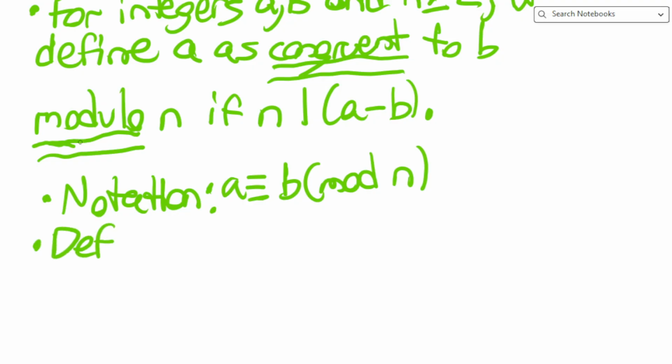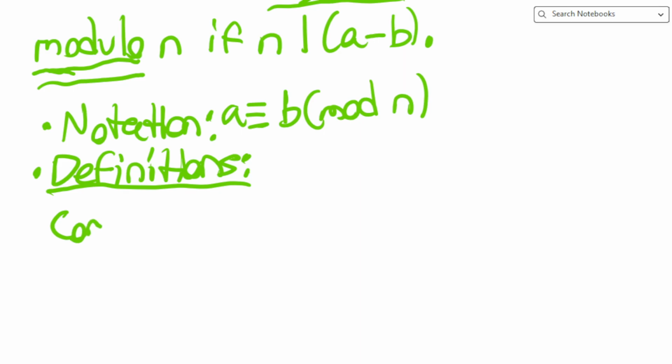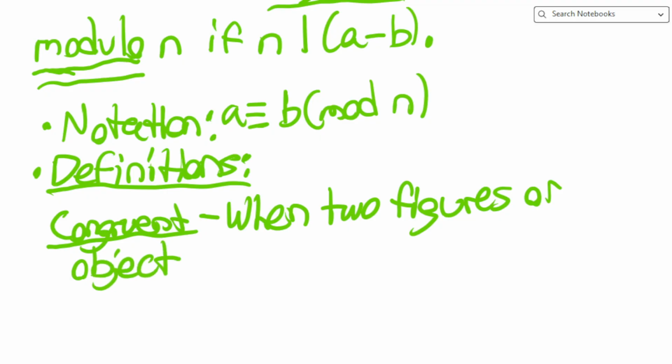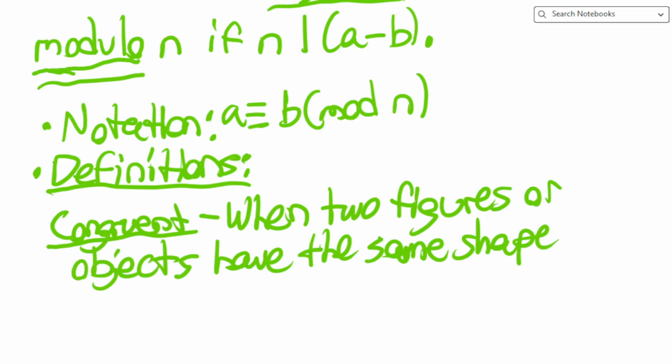Here are some definitions to understand for this topic. So we have congruent, and this is when two figures or objects have the same shape and size.